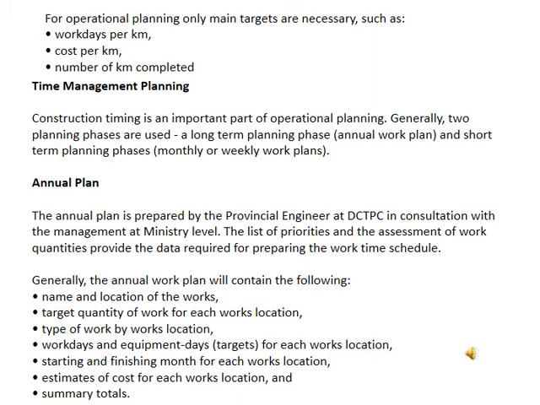Generally, the annual work plans contain the name and the location of the works, target quantity of the works for each work location, type of the work by the work location, work days and the equipment days for each work location, start and finishing months for each work location, estimates of the cost for each work location, and the summaries of totals. Those things need to be included in the annual plan.